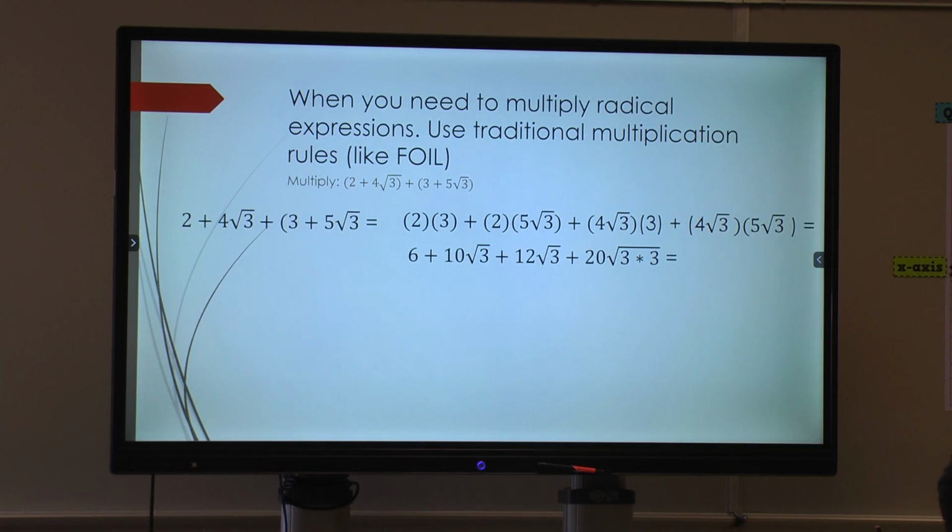We look at the next part. We see that we have 4 radical 3 times 3. So the 3 in the parentheses by itself is going to multiply by what outside the radical?